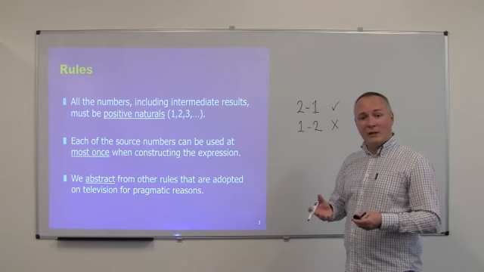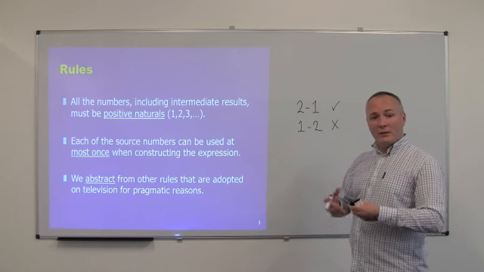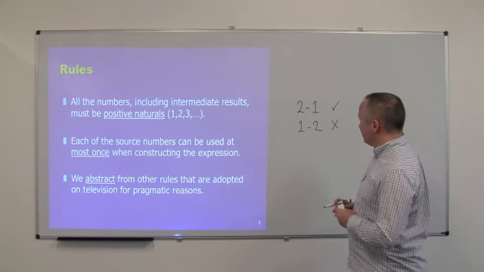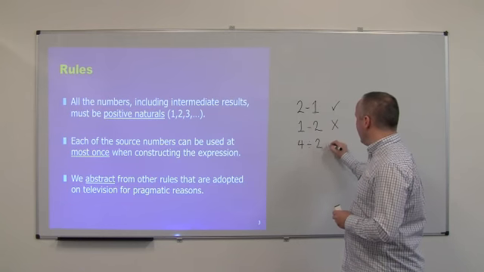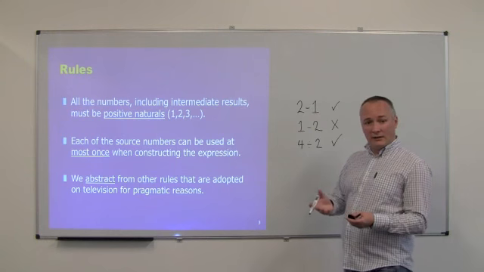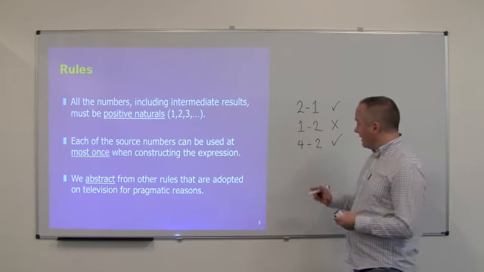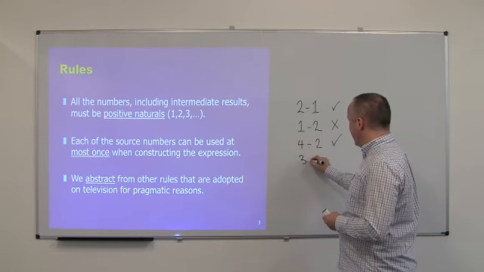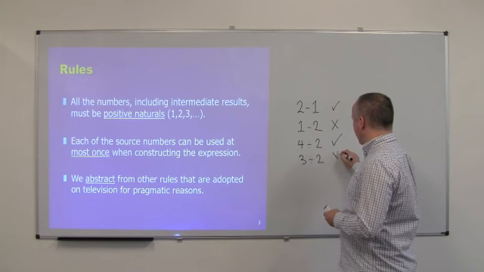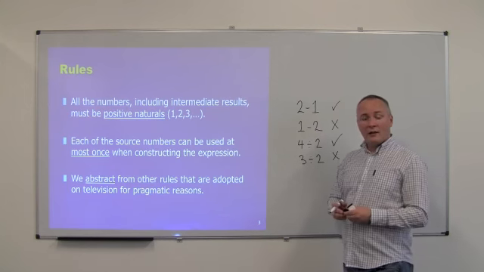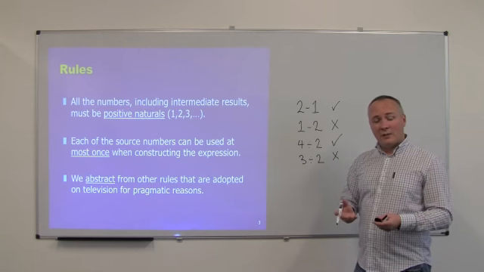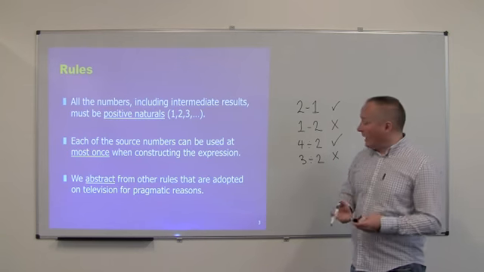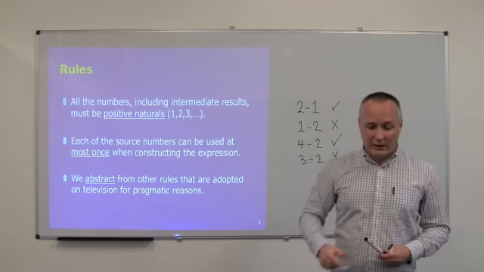You must always remain within the space of numbers 1, 2, 3, etc. Another example would be if you do 4 divided by 2. That would be okay because the result is 2, which is a positive natural number. But if you did 3 divided by 2, that would not be okay because the result is a proper fraction. So again, no negative numbers, you're not allowed to use 0, and you're not allowed to use proper fractions.